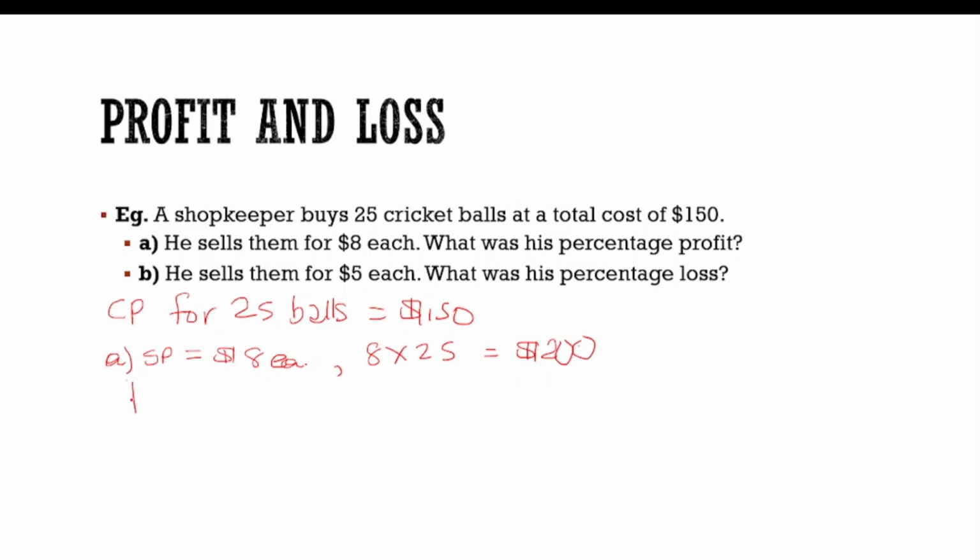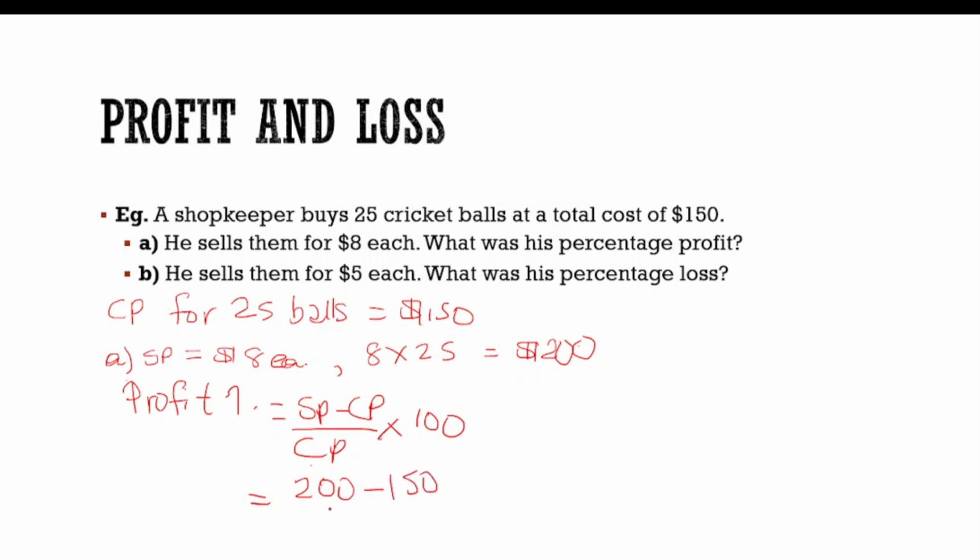So we can use the formula in its entirety, and that formula is profit percentage equals selling price minus cost price over cost price times 100. So that looks like: selling price, which we just calculated as $200, minus cost price, which is $150, divided by cost price, 150, times 100.